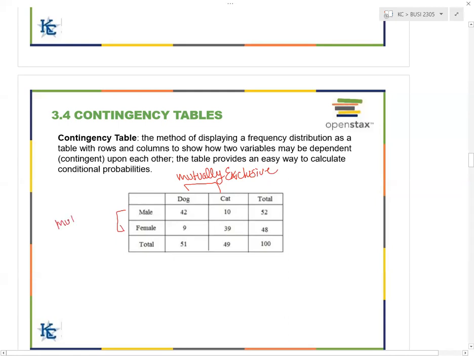So it is mutually exclusive. Okay. But whether they're independent or dependent, if the dog is a male dog, then it's not going to overlap with a male cat. But if we're just talking about dogs, a dog can be male or female, and so that could be dependent.